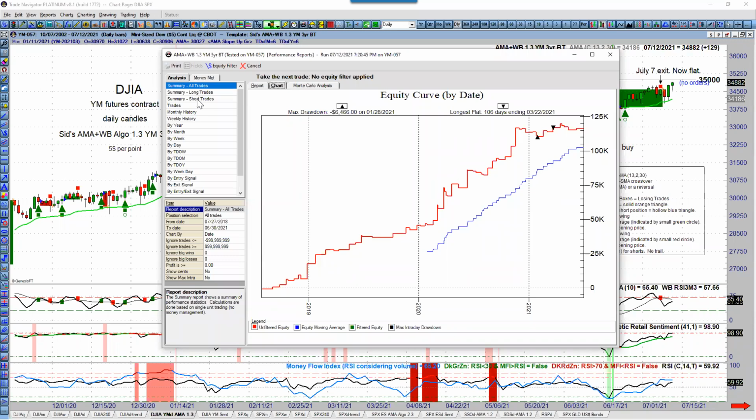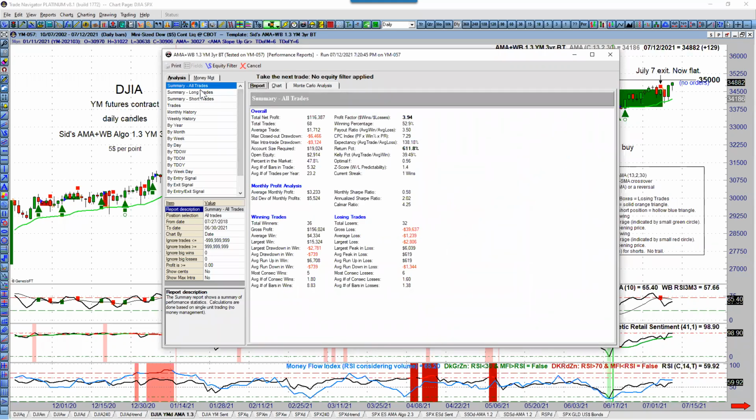And so I'm going to show you, this algo, if you take all the long and the short trades together, brought in $116,000 theoretically over that 3-year period. If it only took the long trades, it only would have brought in $65,000. Now the winning percentage would have been a little better. It would have won almost 2 out of 3.